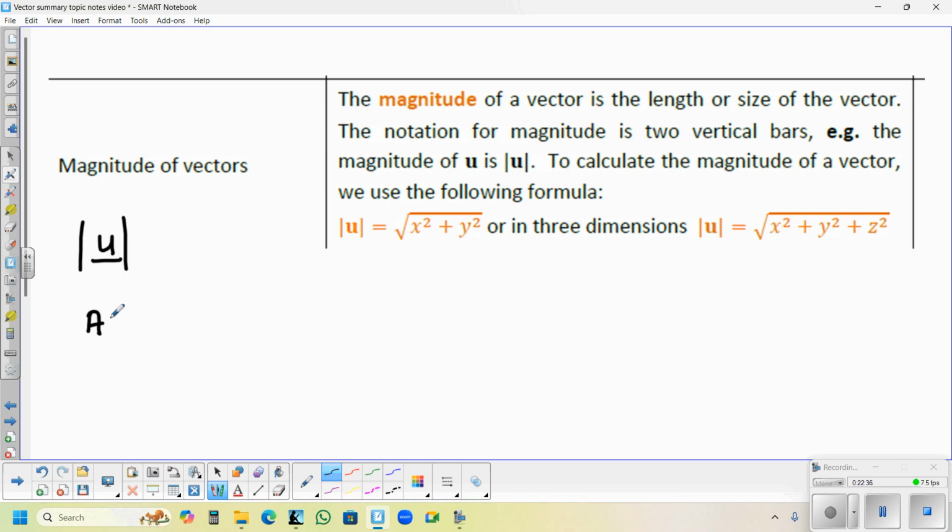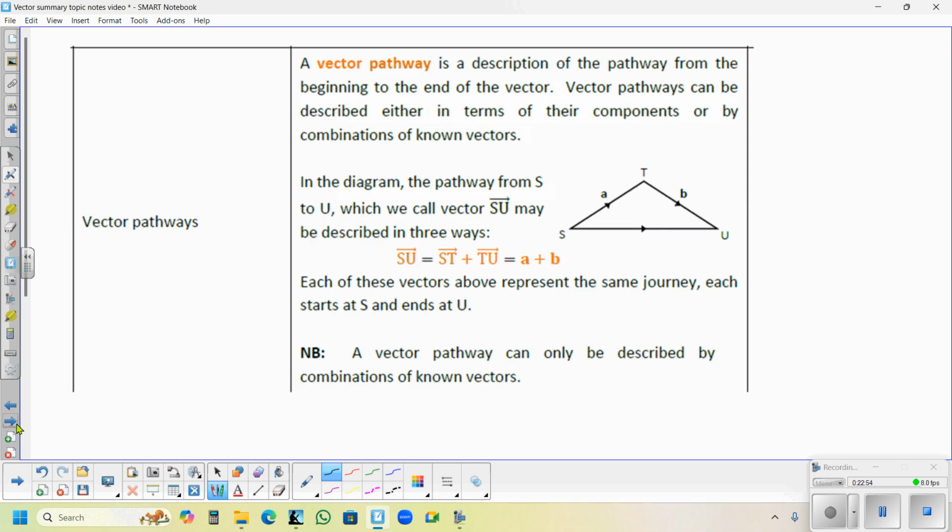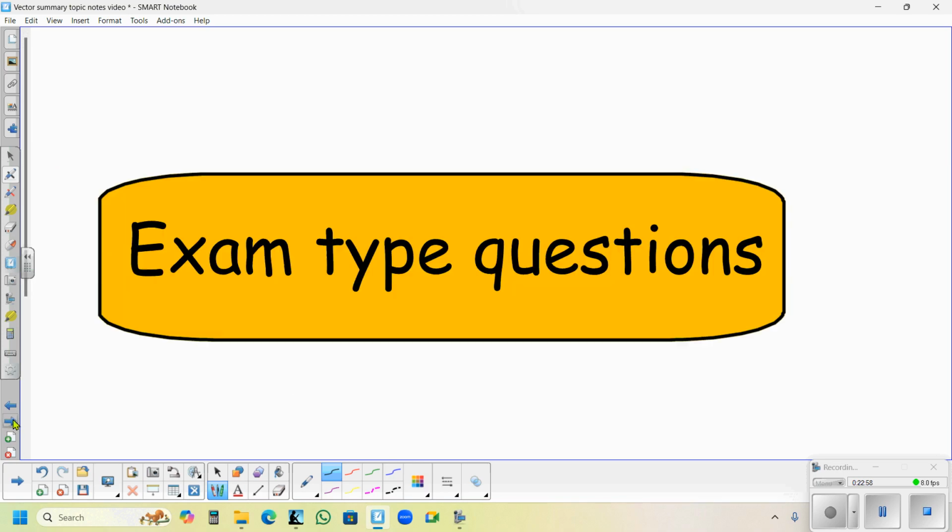The magnitude of vector AB is that, and you've got to know that. And all you do is you take each component, you square them, and you take the square root. Doesn't matter if there's only 2 components or 3 components. So that must be learned. That's how you work out the magnitude of a vector, and it's dead easy. Once you know it, it's simple. Sometimes it can change into a surd as well, so we have to look out for that.